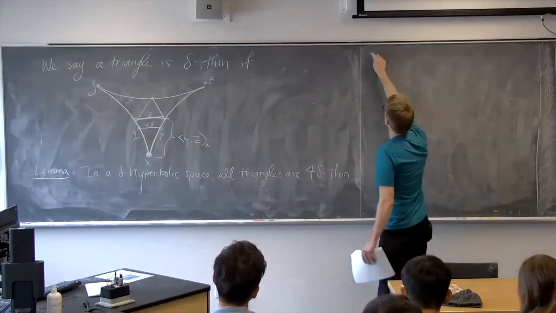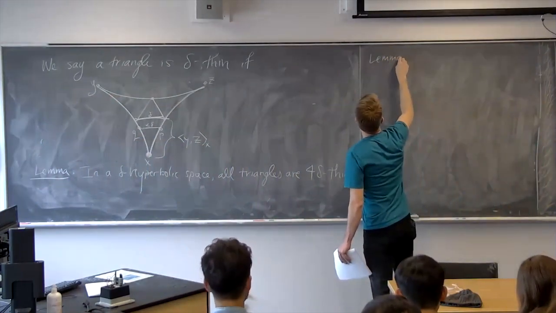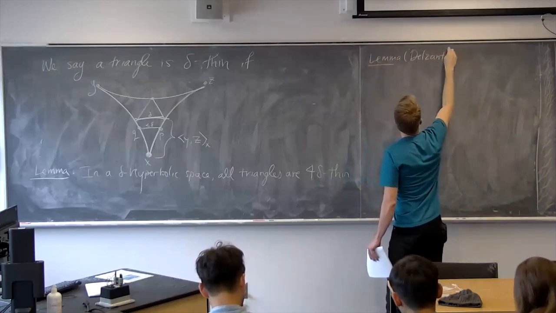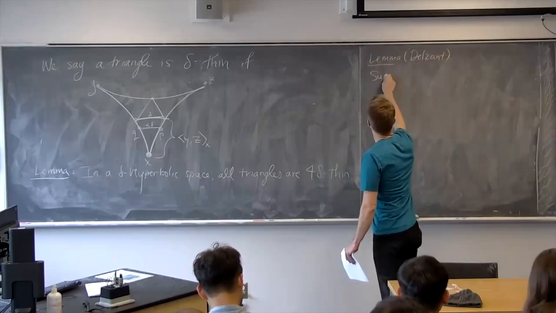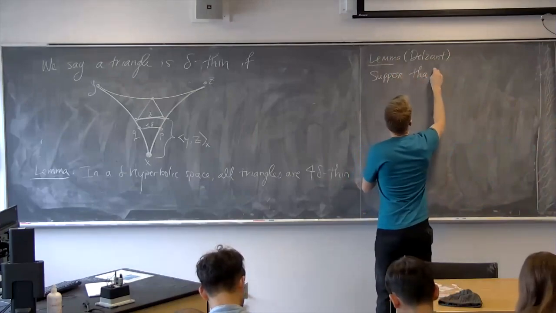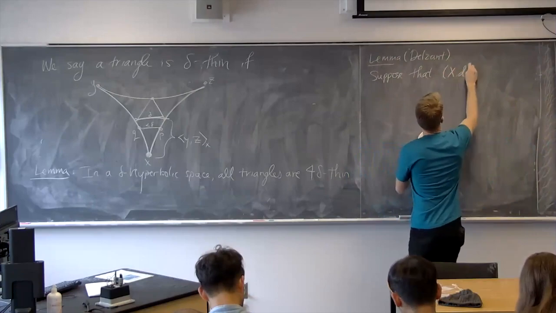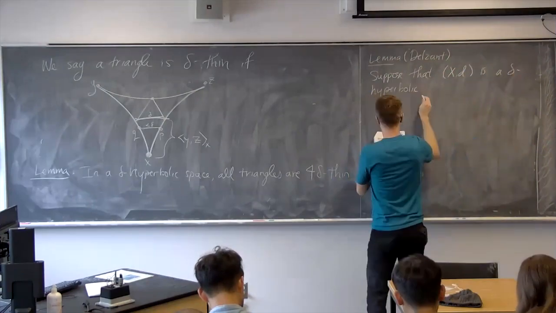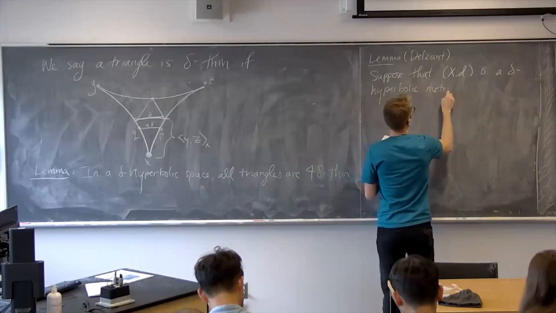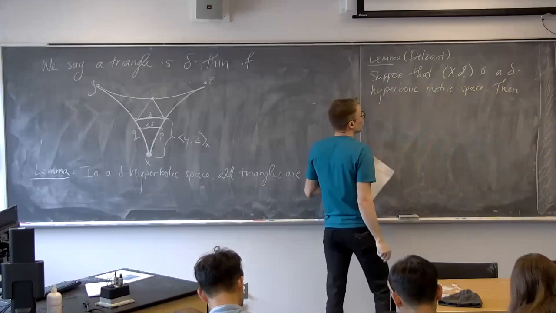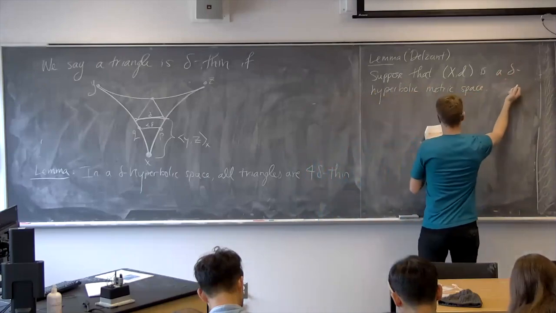Here's the lemma that makes it work. Suppose that X, d is a delta hyperbolic metric space. Then, one more suppose.